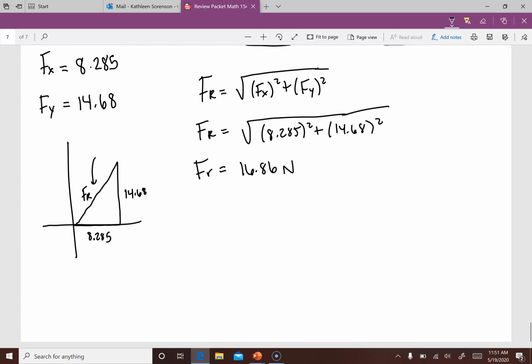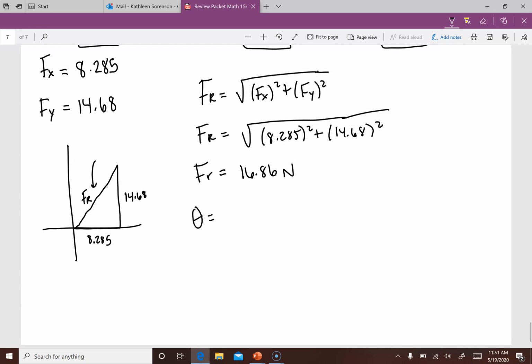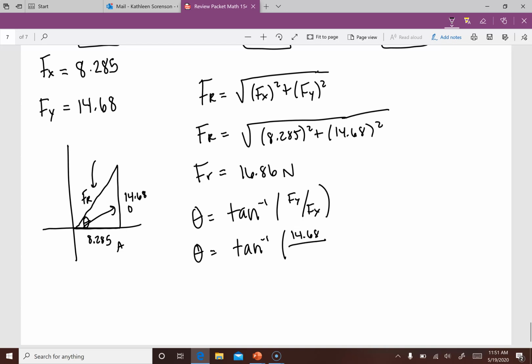Now to find the angle, we're going to do theta equals tan inverse of F sub y over F sub x, or really it's opposite over adjacent. Here's my theta right here. So theta in this case is going to be tan inverse of my F sub y, which is my 14.68, the opposite, divided by the adjacent 8.285, which is my F sub x.